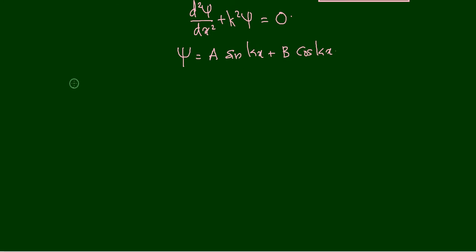Perhaps you already know this, that e raised to plus or minus i kx is equal to cos kx plus or minus i sin kx. It means that e raised to i kx is equal to cos kx plus i sin kx, and e raised to minus i kx is equal to cos kx minus i sin kx.